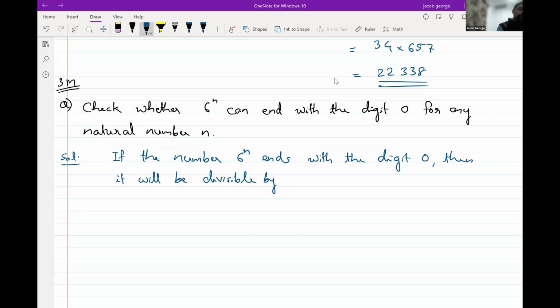It will be divisible by 10. If the number 6 raised to n ends with the digit 0, then it will be divisible by 10.